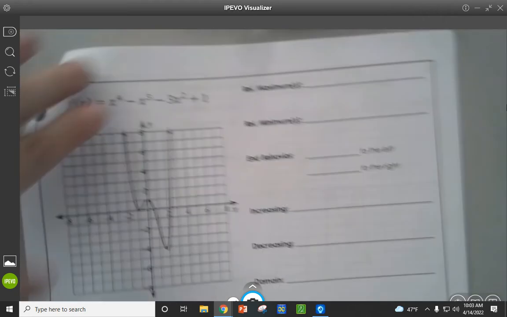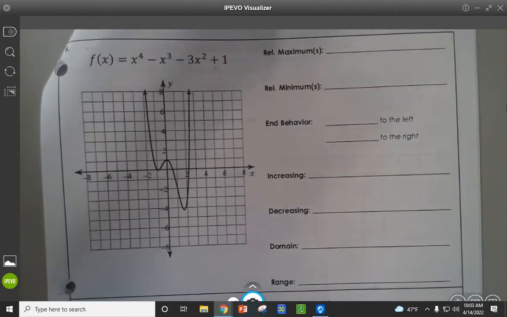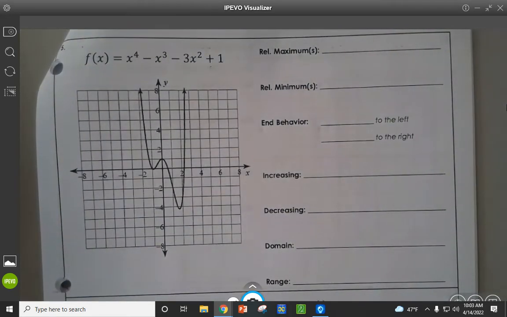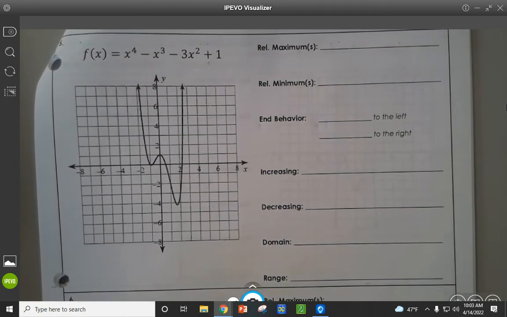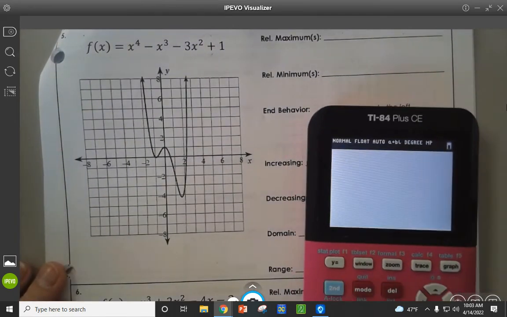So when we turn the page, we're going to start putting all of the things together that we've learned about the graphs of polynomials. So starting here with number 5, we're going to type this into our y equals. If you did not pick up your calculator, you need to go get it.